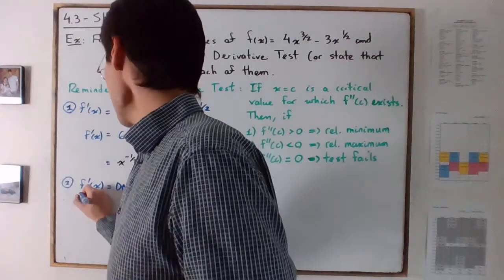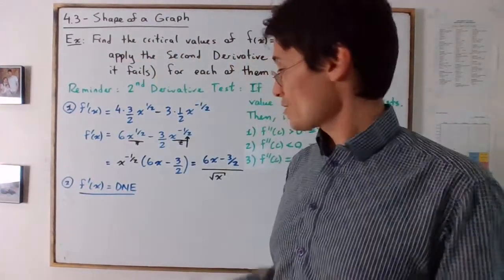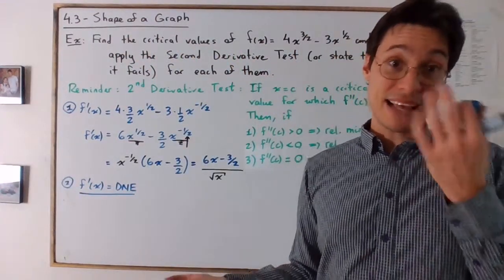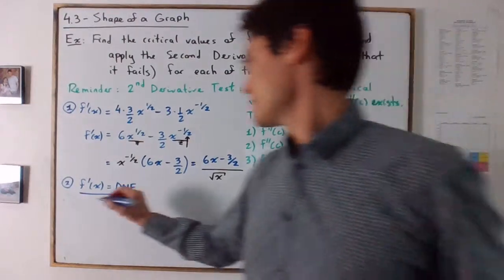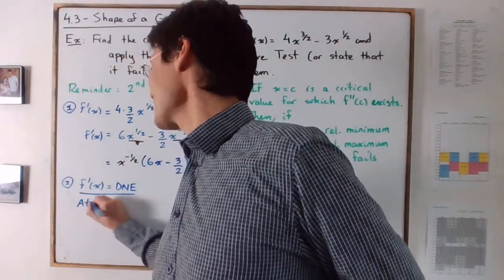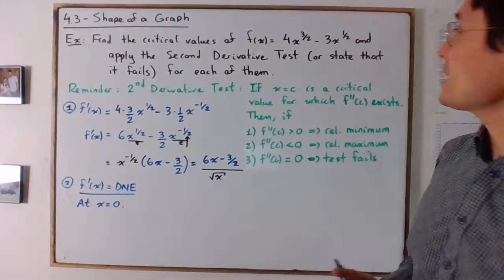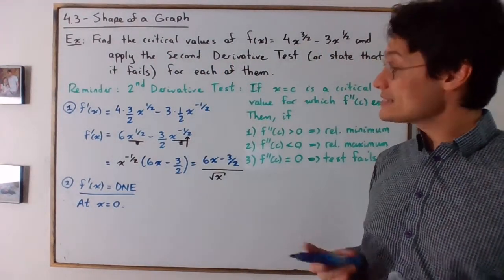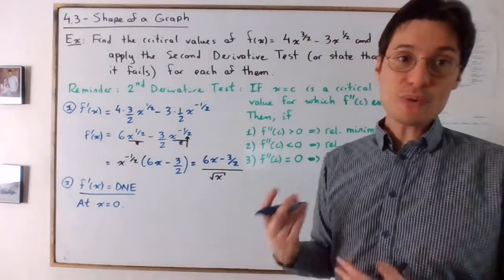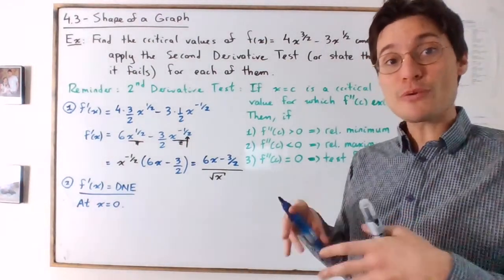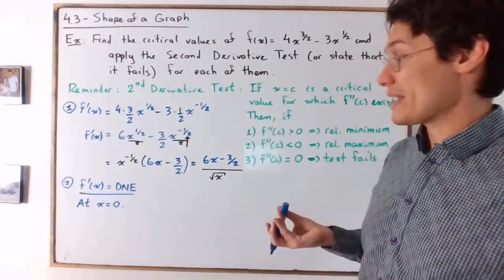So f prime of x does not exist. First of all, it does not exist at x equals 0. However, x equals 0 is not a critical value. And the reason is that it's a boundary point of our domain.